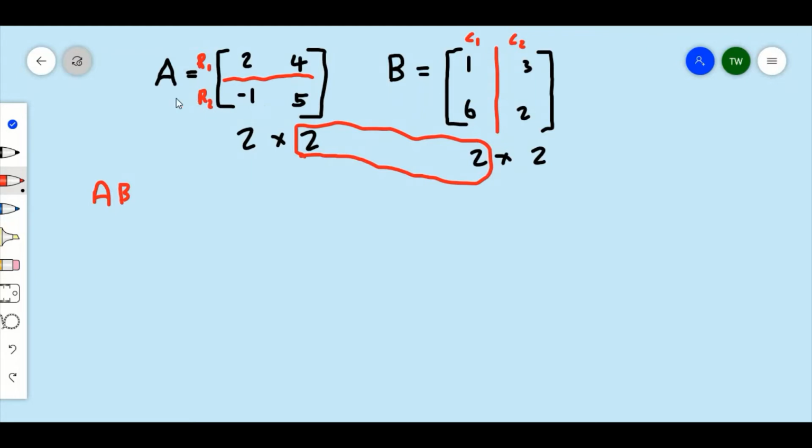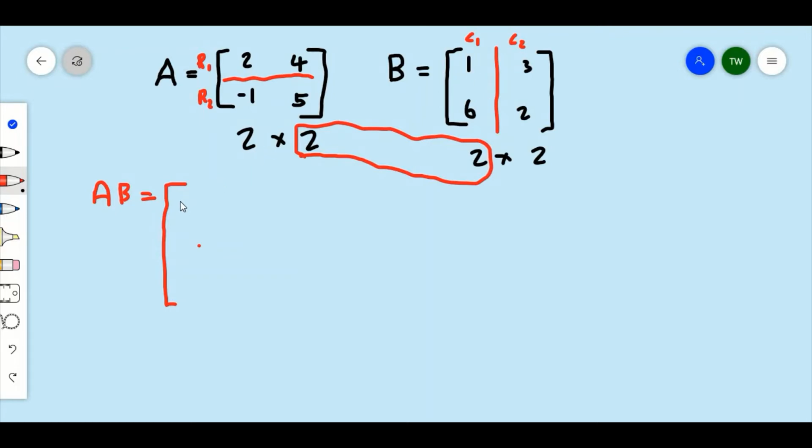Now we multiply corresponding elements. So matrix A times B is going to equal to, if we are multiplying the corresponding elements, we are going to take this 2 to multiply this 1.